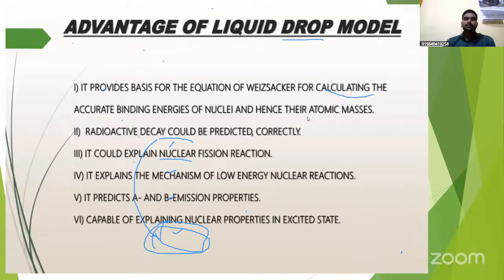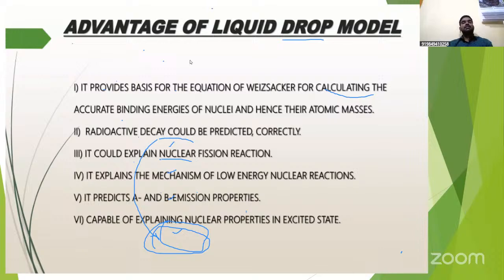So it provides the basis for the Weizsäcker semi-empirical formula. There will be an important question on the semi-empirical formula, that gives the energies of the nucleus, the binding energy and their atomic masses.